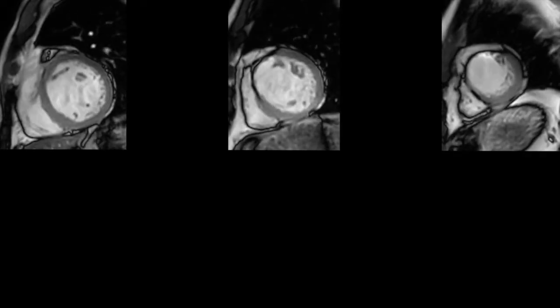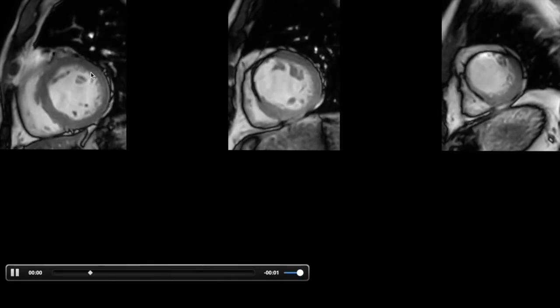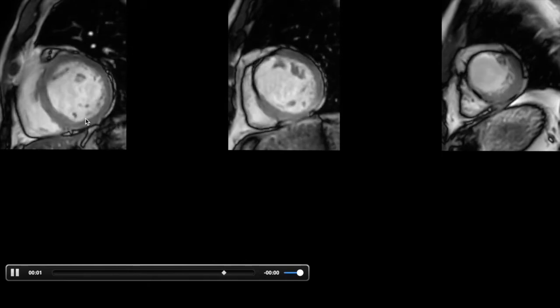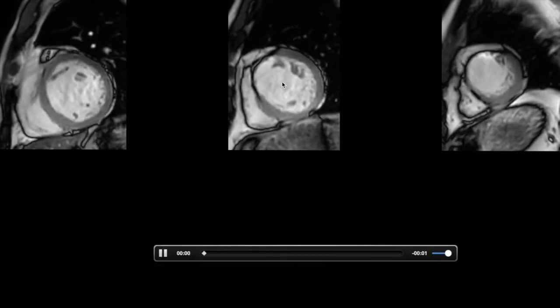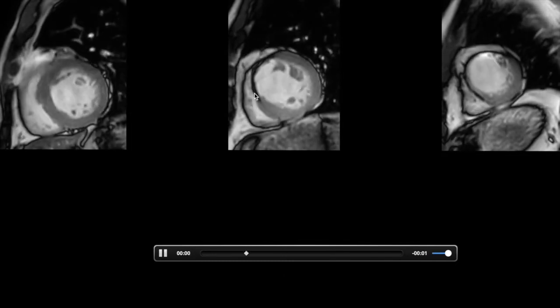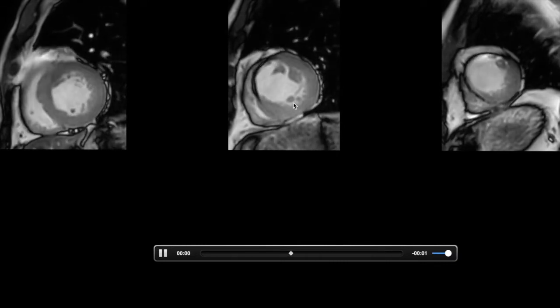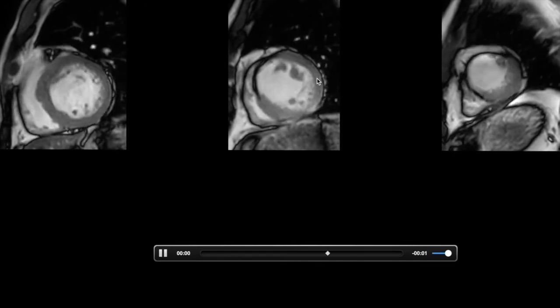The short axis images of this patient demonstrate good wall motion in the basal cavity with no areas of hypokinesis. When we start looking at the mid cavity, what is apparent is that the mid anterior and the anteroseptal segments are thinned and akinetic, while the inferior and the lateral wall seem to be working well.